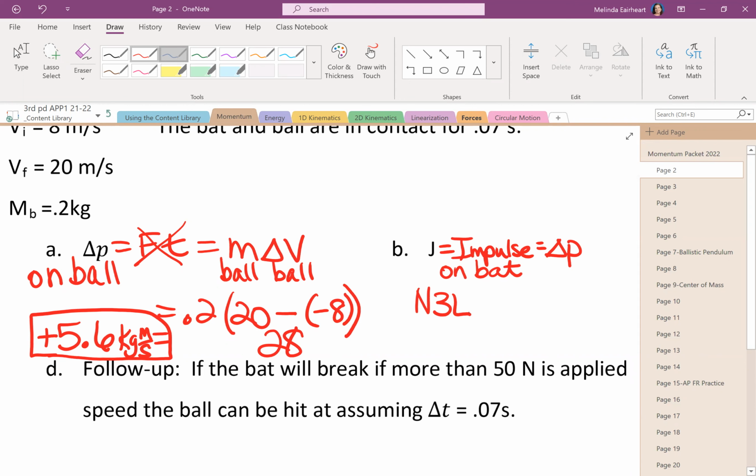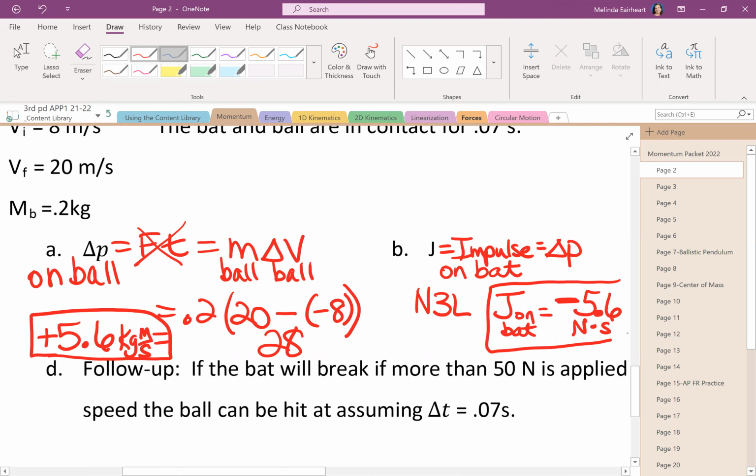And so with that, the J on the bat would be the opposite. So not a positive 5.6, a negative 5.6. Newton second, same, right? Use them both.